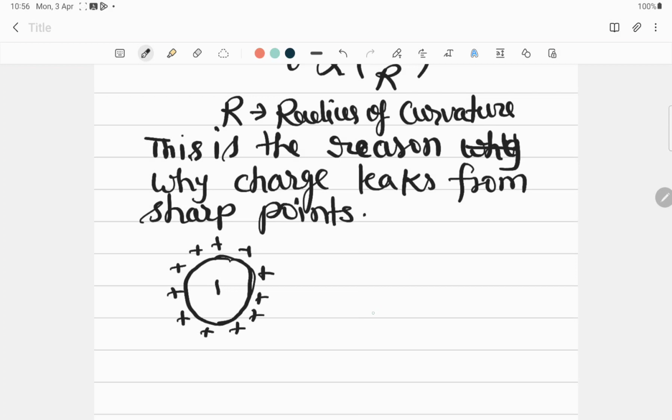And if it is not uniform, having some shape like this, then it will have this way of charge distribution.